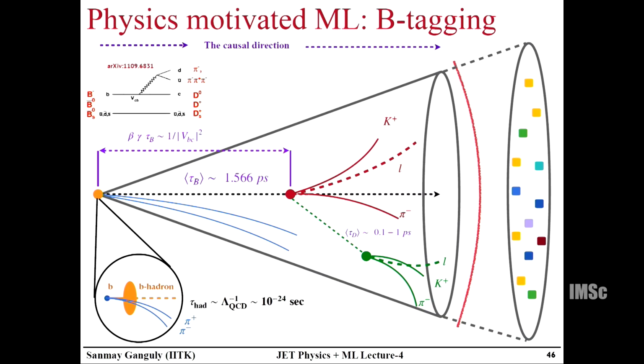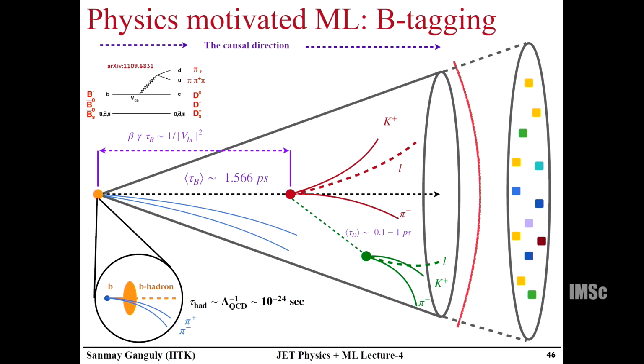Okay. Then comes another problem. These are my personal favorites, so I am talking about them. This is a physics-motivated way to construct a neural network. One of my favorite things is heavy flavor decay.